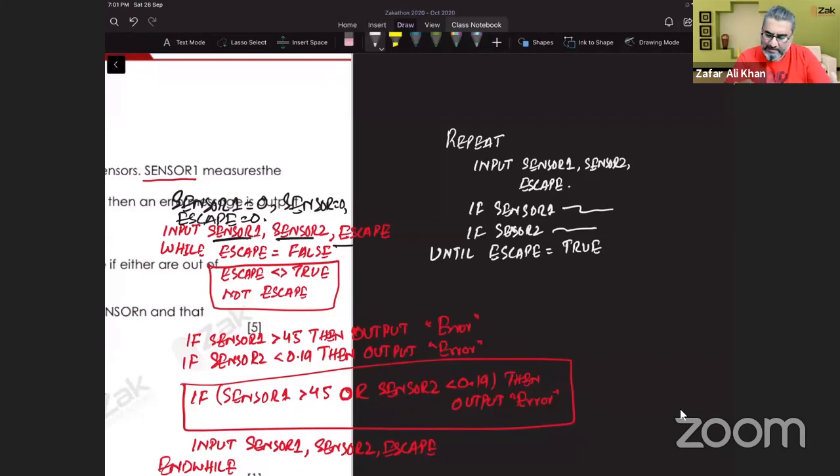Repeat input sensor 1, sensor 2, and escape. If sensor 1 is greater than 45, then output error. If sensor 1 is less than 0.19, then output error until escape key is true. That is what it is.